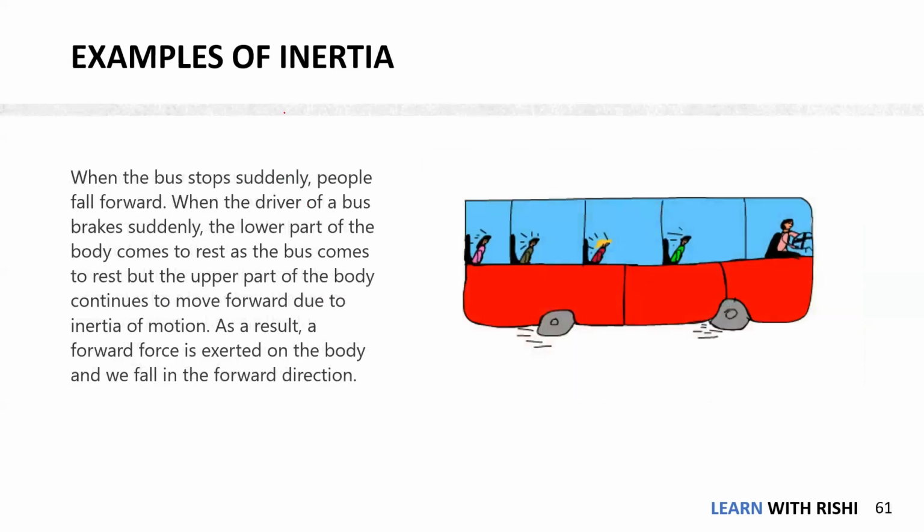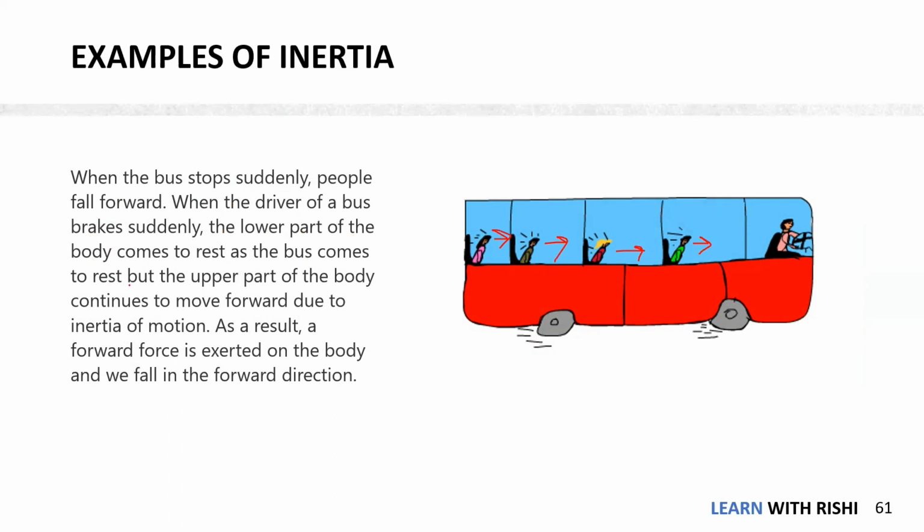One more example of inertia is when the bus stops suddenly, people fall forward. Now, when the driver applies brakes, you may have noticed that when you're sitting, you fall forward. So you get a jerk and you fall forward. When the driver of a bus brakes suddenly, the lower part of the body comes to rest as the bus comes to rest.